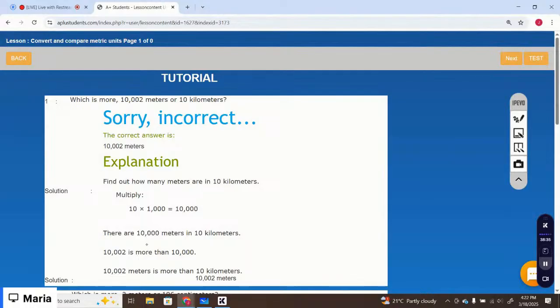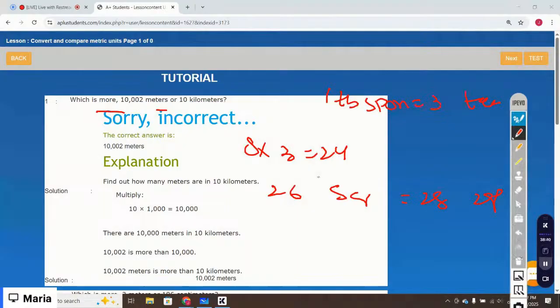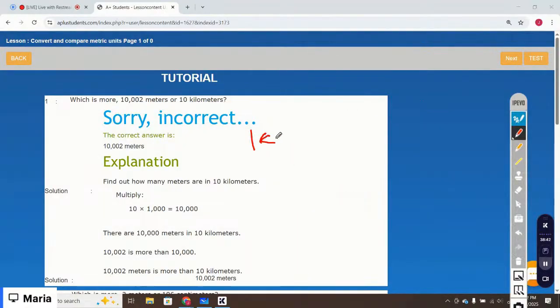You can note down the basic conversion units. 1 kilometer equals 1,000 meters. So multiply 10 by 1,000, that will be 10,000. So 10,001 is more than 10,000.